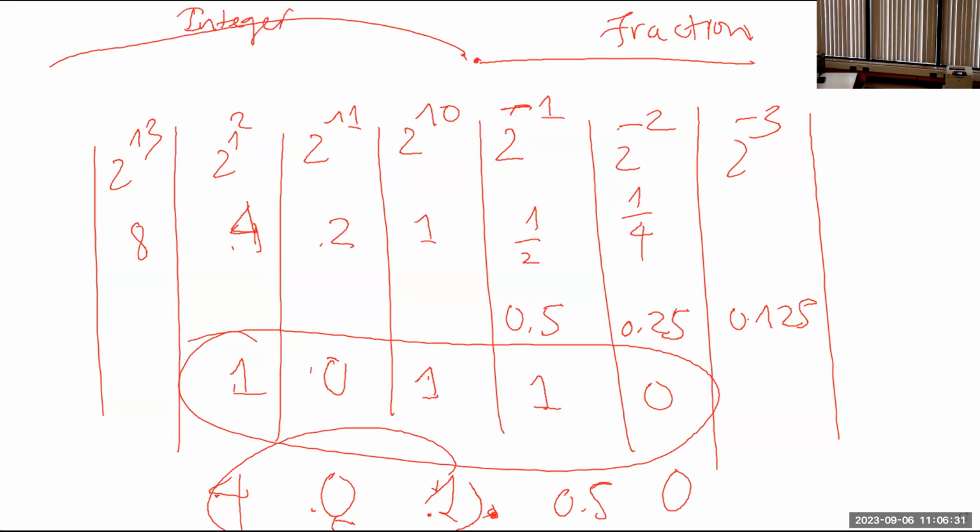Make sense? Okay, so now you see 4 and 1, you have 5. And this one, you have 0.5. So when you add them up, you have 5.5. That's the way computers store the fractional part. Make sense? Okay.